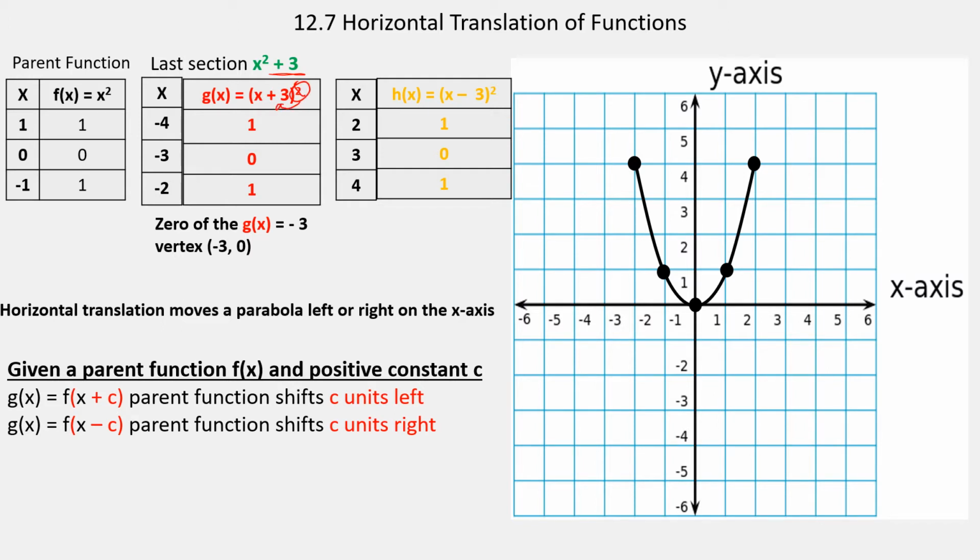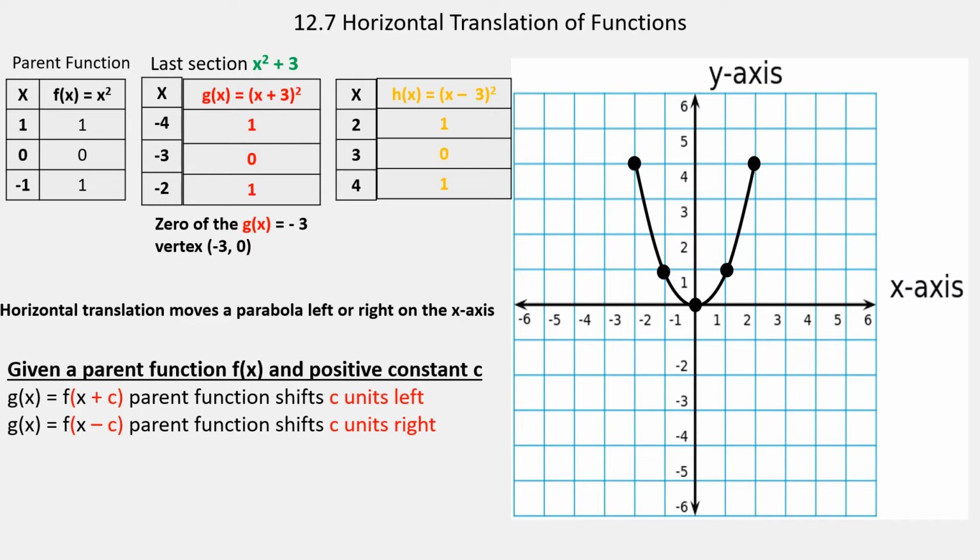The 3 is included in the square. So hopefully you're seeing what the difference is here. All right. And so when you have a parent function and it's being added inside the grouping symbol, within the square, what you get is a horizontal translation.